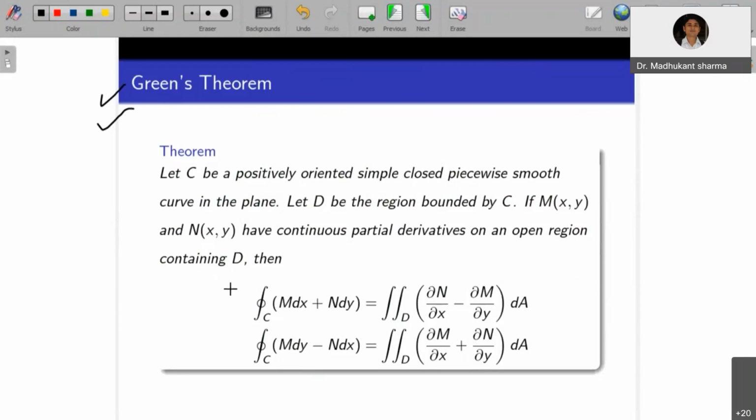It also relates a line integral to a double integral. The situation may be simpler than the case for the line integral, or you can go the reverse way: a double integral can also be converted into a line integral. We will see this result tomorrow or maybe the day after.